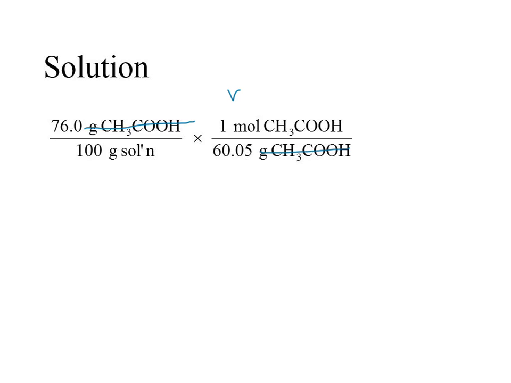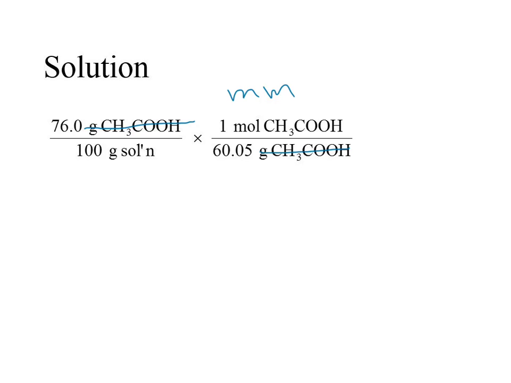So this is the flipped version of the molar mass. So unit-wise, we have moles of acetic acid per 100 grams of solution, and we want moles of acetic acid per liter of solution.